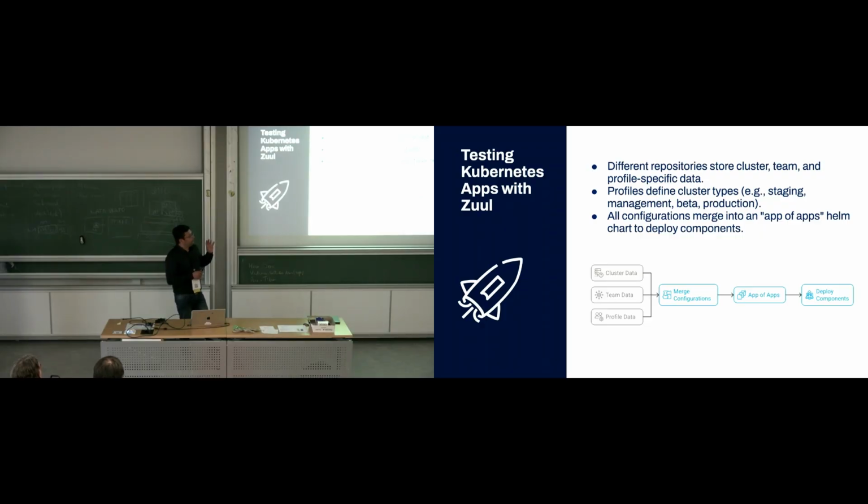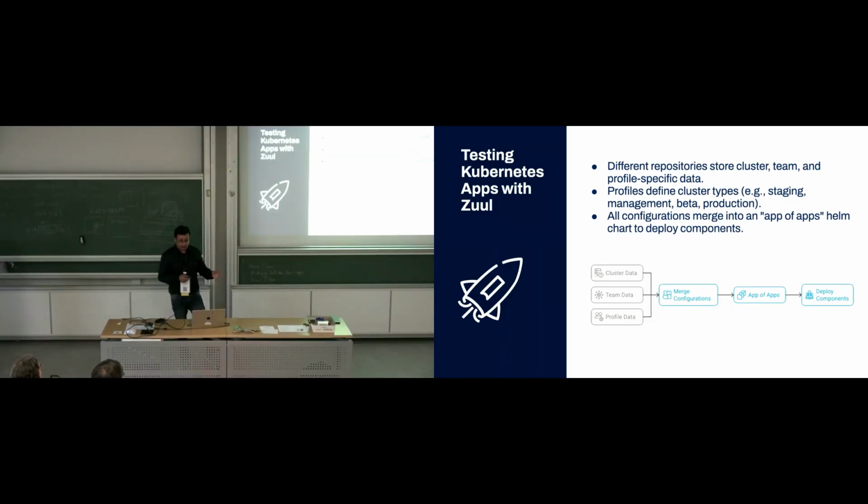So we broadly divide our platform configuration into 3 different repositories. The first one is obvious: it contains information regarding our clusters and environments, for example, which data center it is running on, and so on, data center specific configuration.